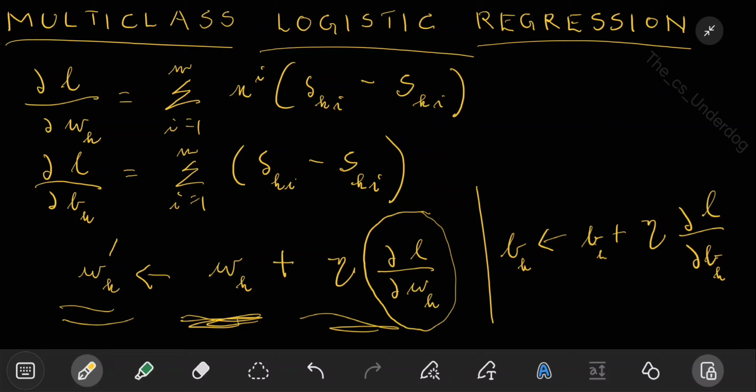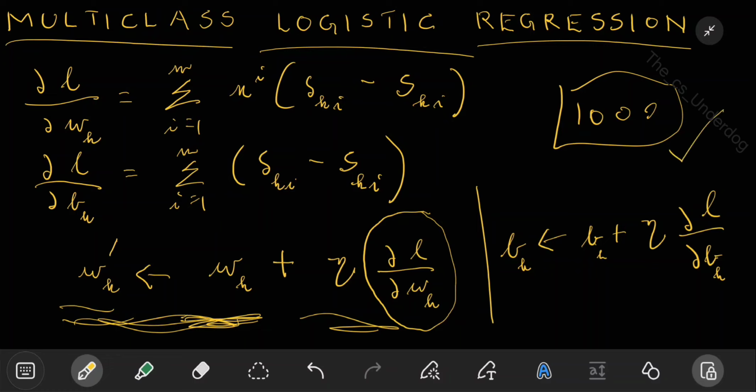And the other way is, you would fix some particular number as the maximum number of iterations you want to do. Let us say you fixed 1000 as the maximum number of iterations. So if you do this updation 1000 times, then you would automatically say okay, this is my optimal W, I'll stop. So these are the methods by which you generally decide that you reached an optimal value of W.